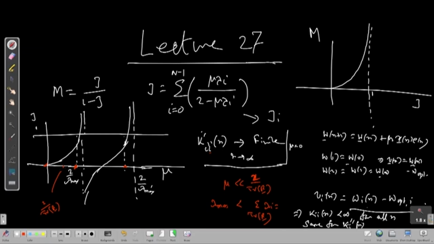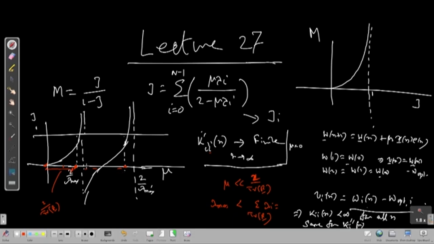So that means from mu equal to 0, if you go further to the right, we are still in the region of convergence, and this will remain so till we hit the first point where J turns out to be 1, and therefore M shoots up to infinity. So at least this much we can take to be our region of convergence. There may be other places also possible.